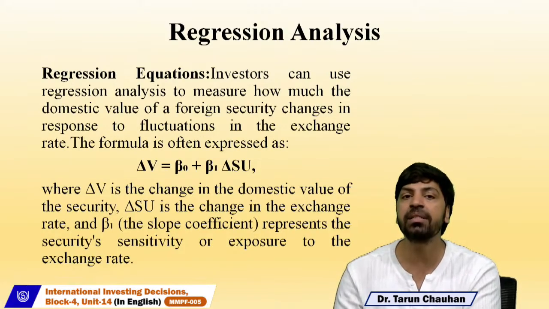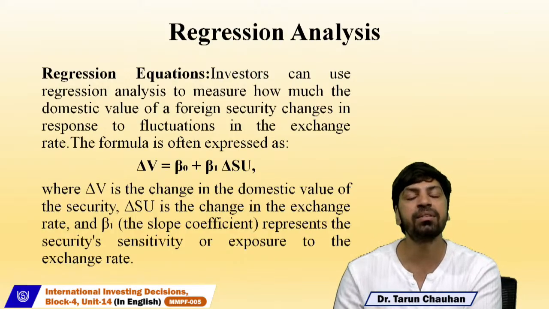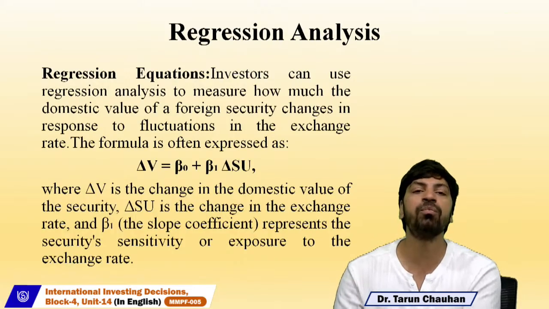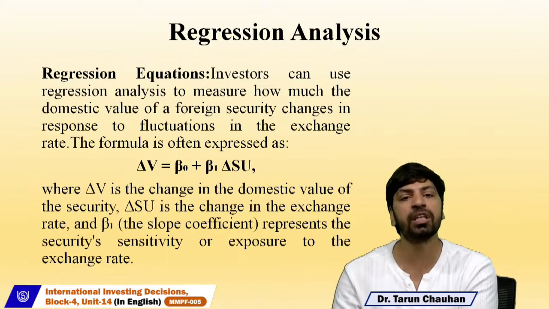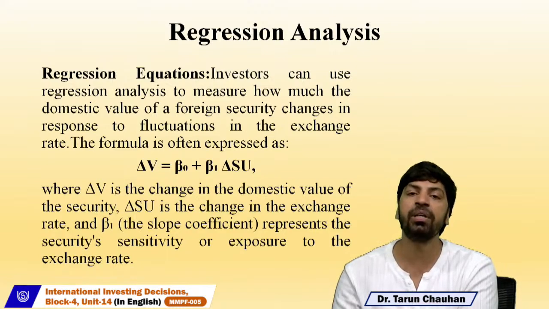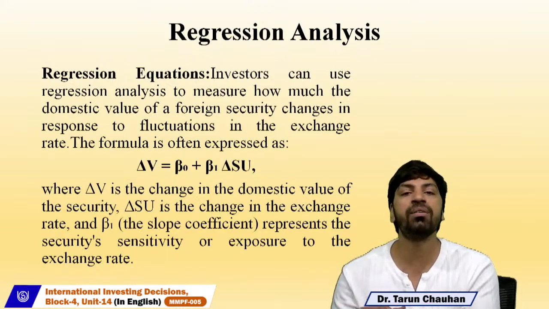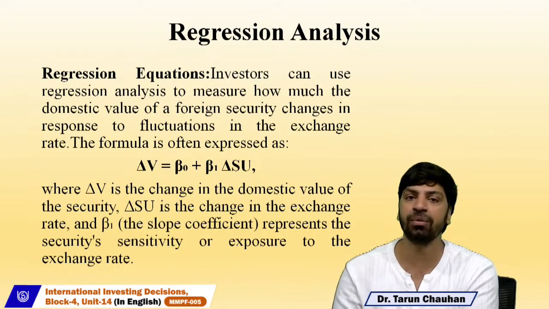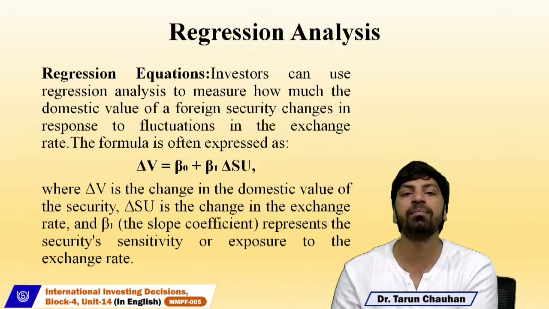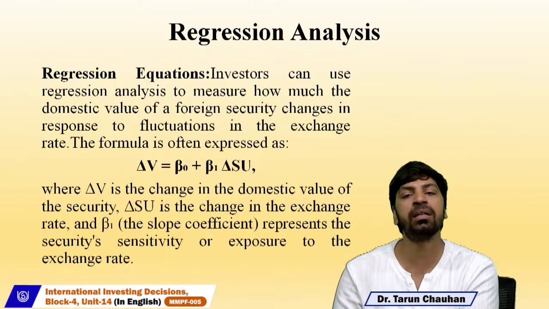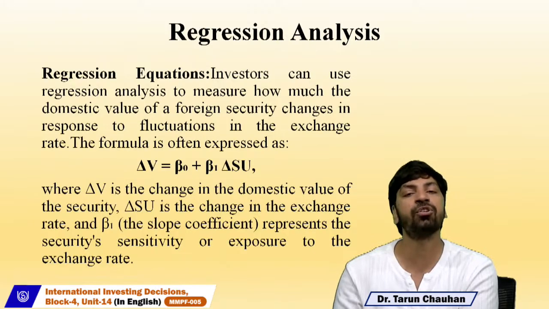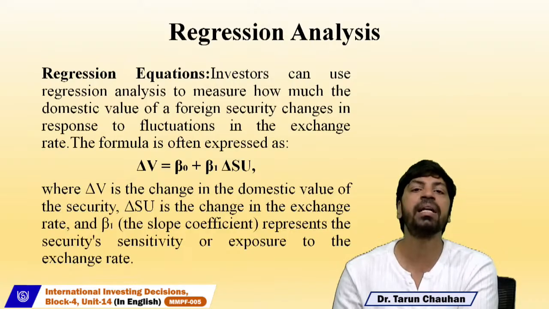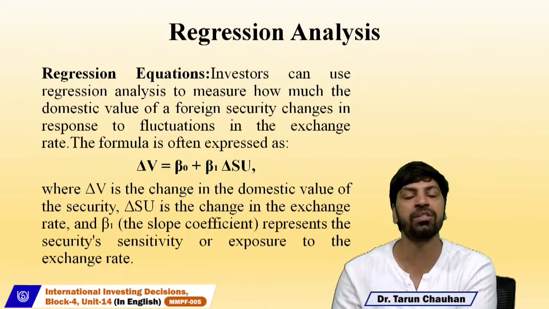It represents the security's sensitivity, how much the value changes when there is a change in the exchange rate of the foreign security, or in other words it gives investors their exposure to the exchange rate. That's called the beta, or slope coefficient, which denotes the security's sensitivity and exposure level to the exchange rate.